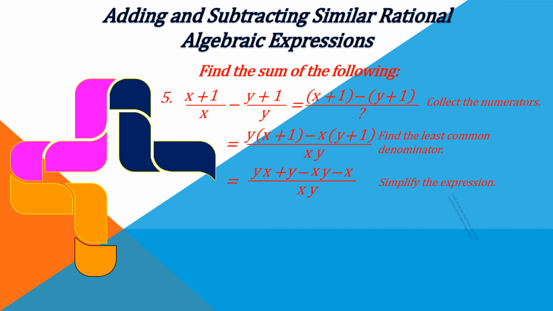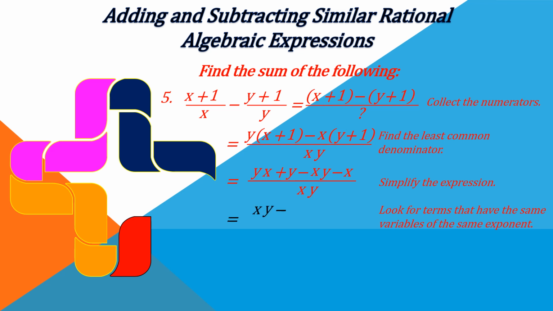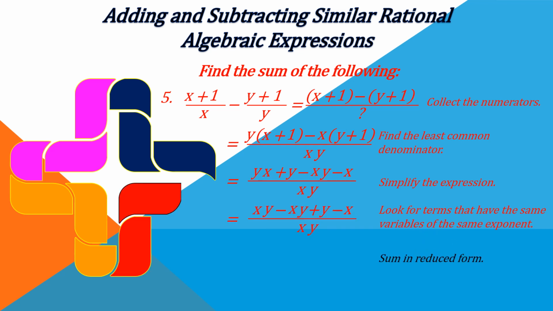yx or xy is the same. So yx from here becomes xy minus xy plus y minus x all over xy. Add the like terms.